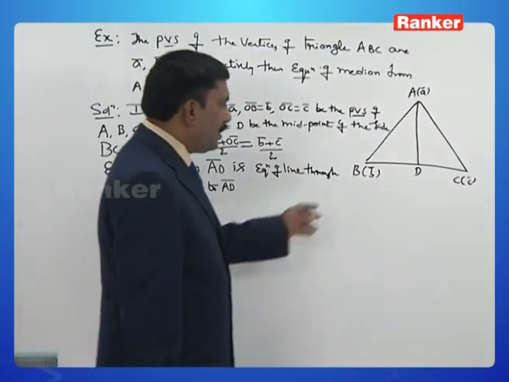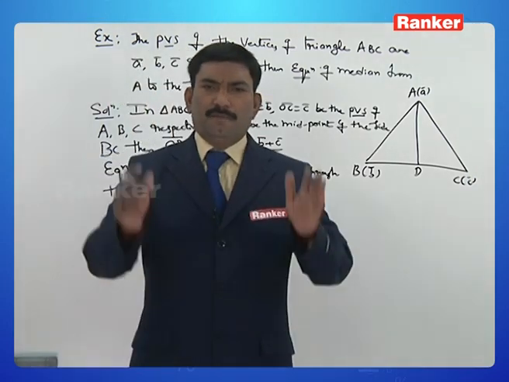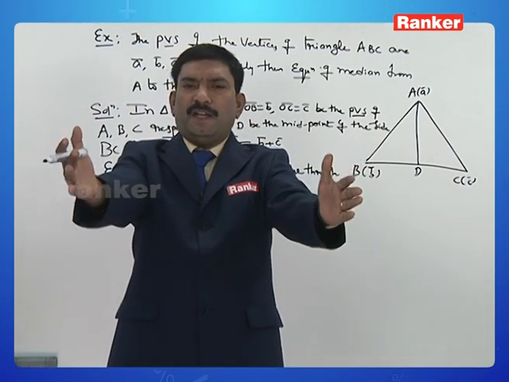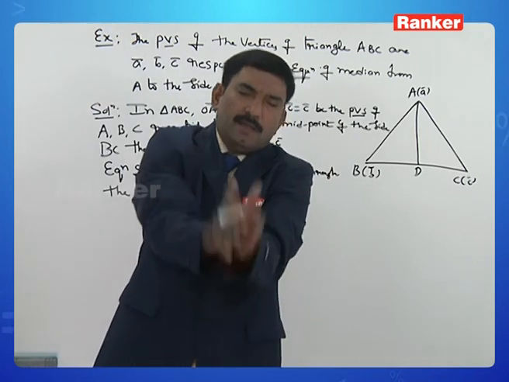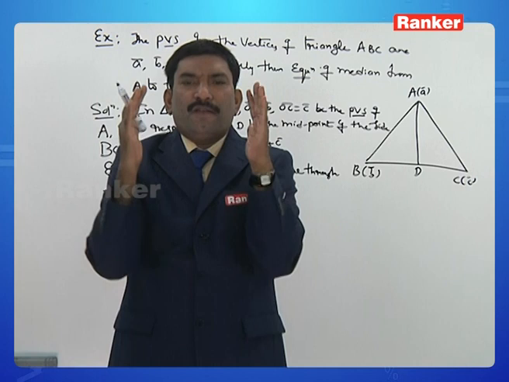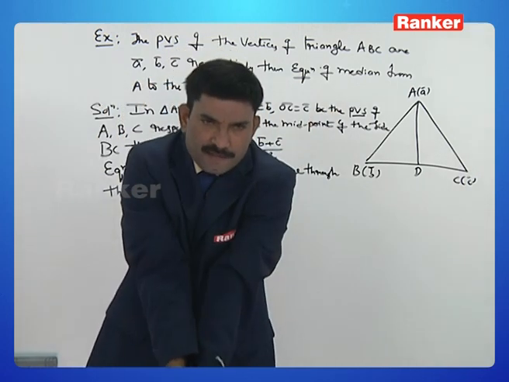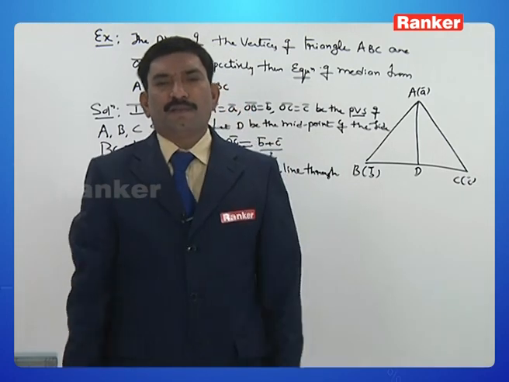Sir, you are asking the median AD, you are saying parallel to AD. Means that the median may be along AD, may be parallel to AD. If it is parallel, one vector can be expressed as scalar multiple of another vector. There also you can make it as collinearity.